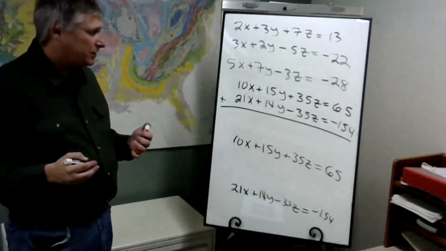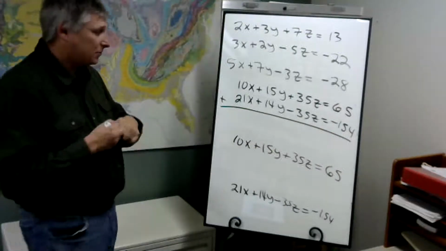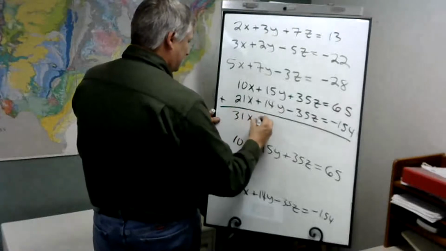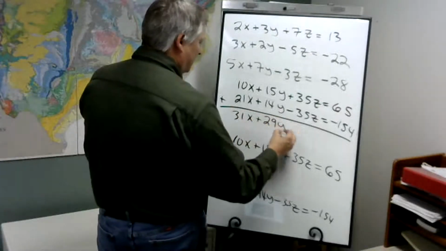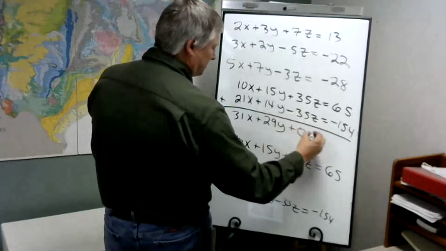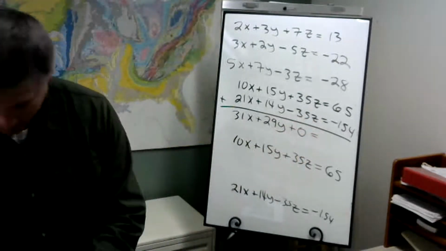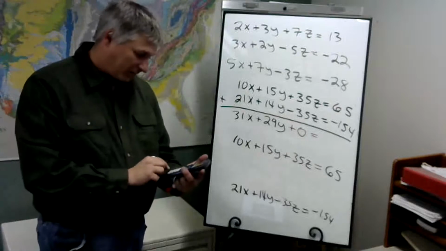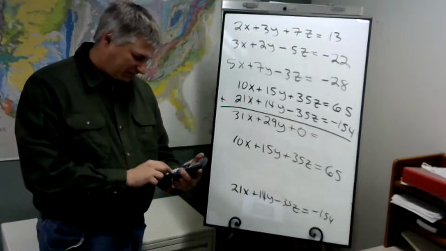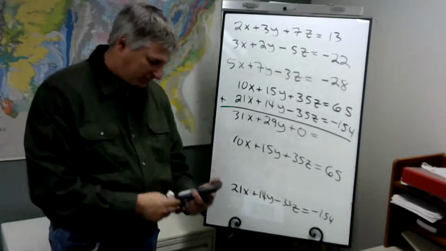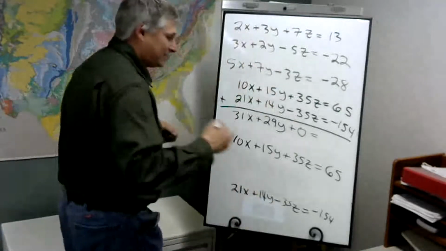So adding these two equations together, we should see the z's cancel, and we do. We'll get 31x plus 29y plus 0. And let's see, 65 and minus 54. So 154. Negative 89.